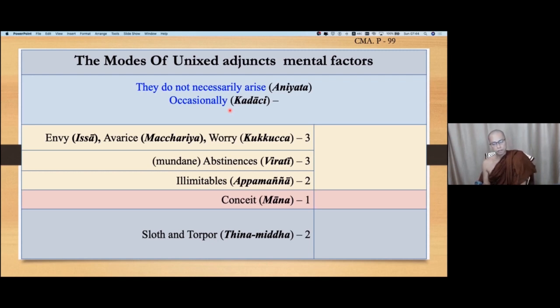And when it does not need it, at the moment of making donation, we don't need to make the abstinence at the moment. Deliberately abstaining is not necessary at the moment. So virati are absent. When we abstain from any wrongdoings, it needs the function of abstinence. That is why the abstinence mental factors are present.